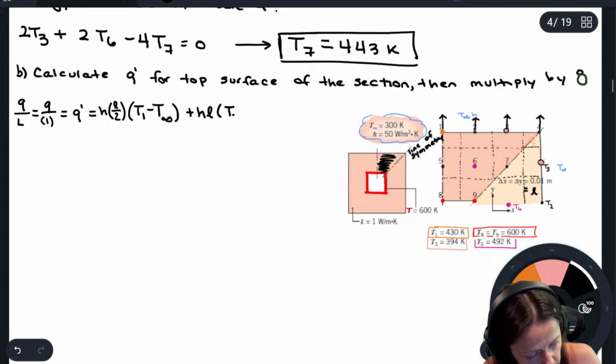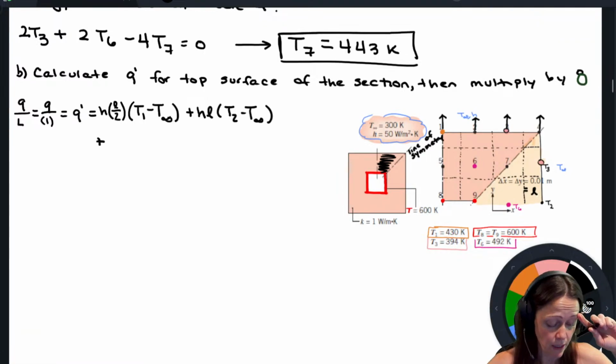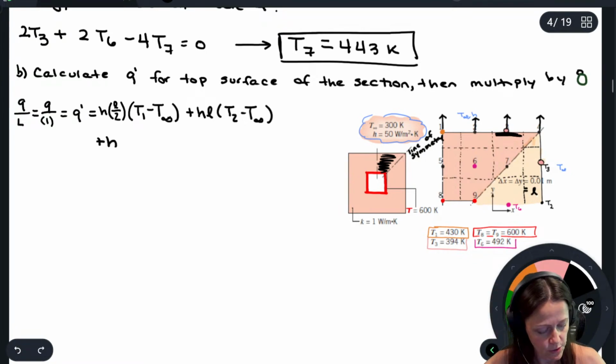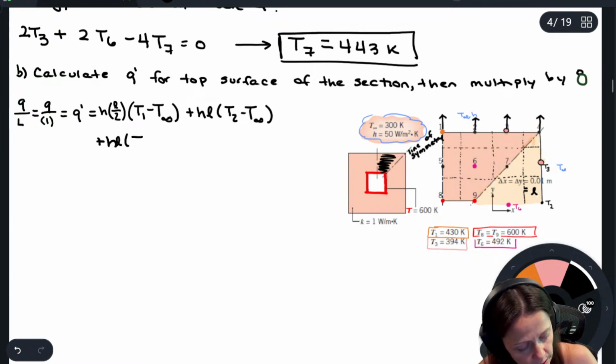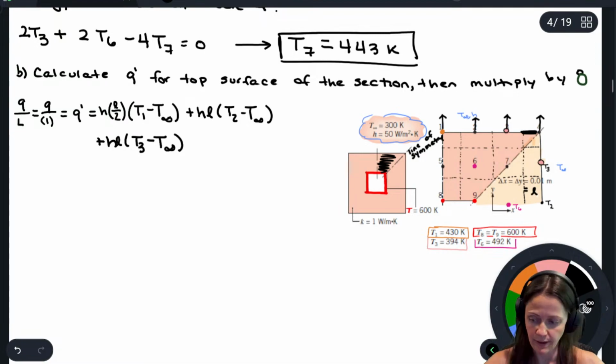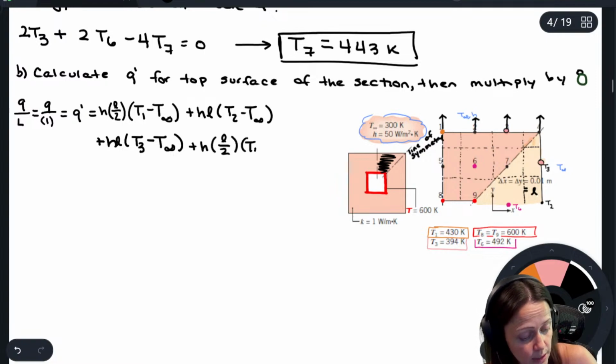This will be h L (T2 minus T infinity) plus, now I've got T3, another full area: h L (T3 minus T infinity). And then this last one is a half area, so plus h L over 2 times (T4 minus T infinity).